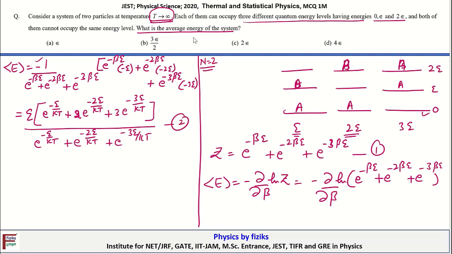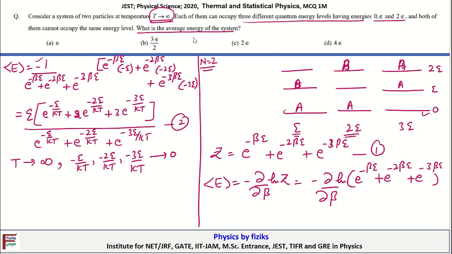Now we are going to apply the condition that T goes to infinity, that is, when T acquires a very large value. In this approximation all the exponents, minus E by kT, minus 2E by kT as well as minus 3E by kT, will approach 0.